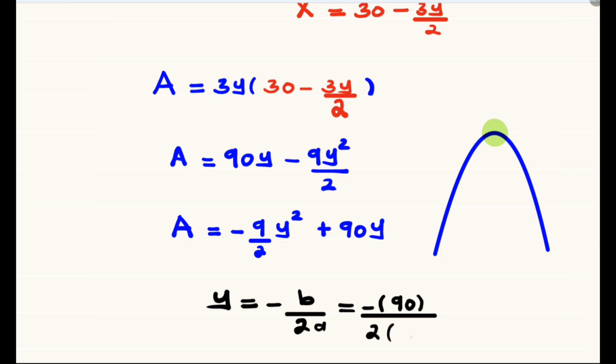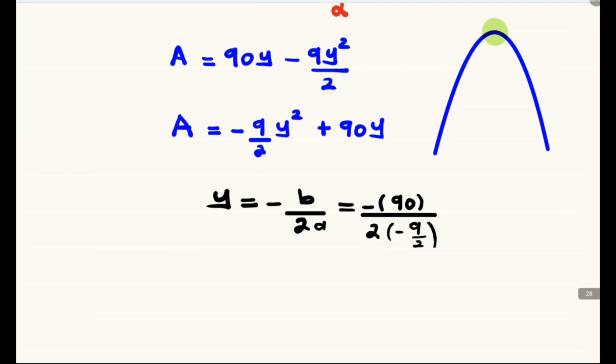Where there is a, we substitute negative 9 divided by 2. The 2 and the 2 will cancel out. We'll be left with negative 90 divided by negative 9, which is equal to 10. Our y is equal to 10.